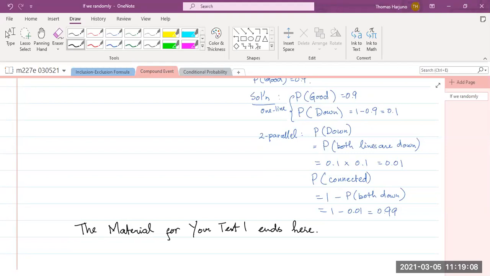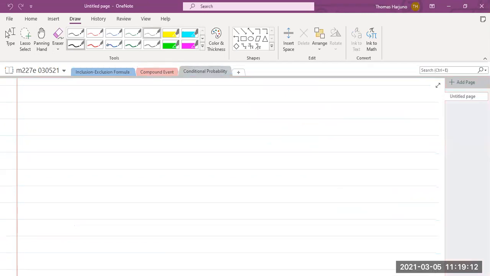I think that will be 5.2 and 5.3. Conditional probability in our textbook, as I remember, is 5.3. Okay, what is conditional probability? Again, I assume you already watched the lecture from lesson 4. So 5.3, conditional probability.